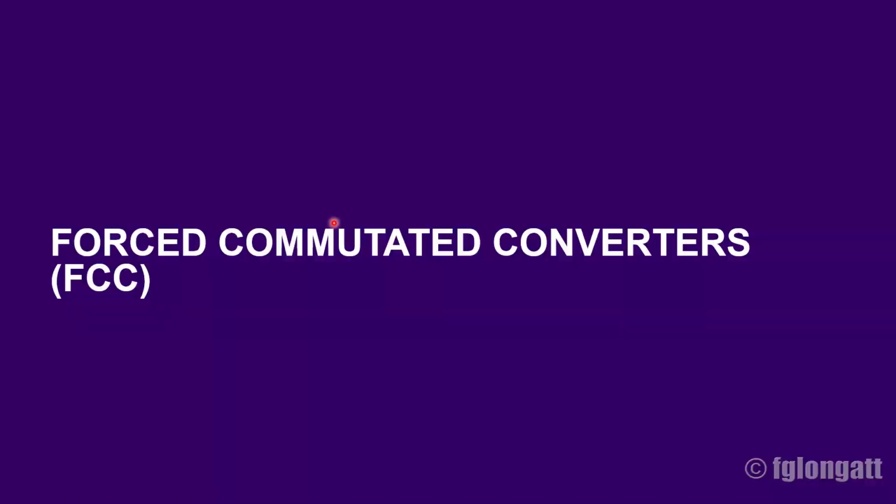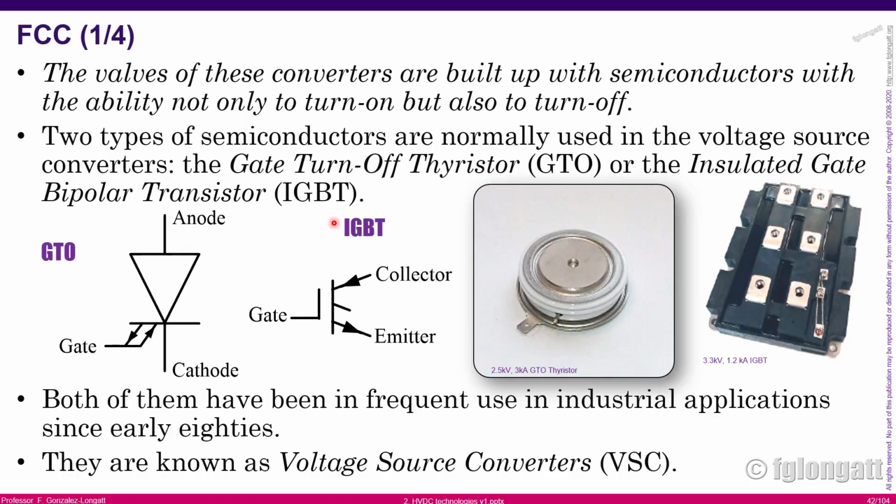However, there are many other commutation devices like the GTO or the IGBT. Those devices have the possibility of not only turning off, they can also be closed. It's possible to close and open those devices in a very simple way.